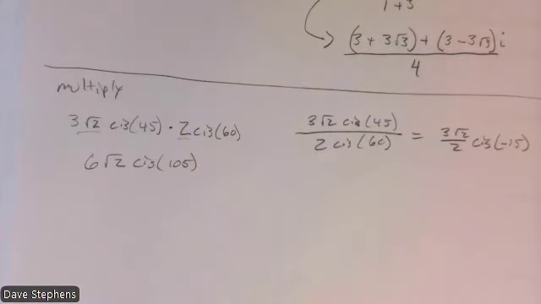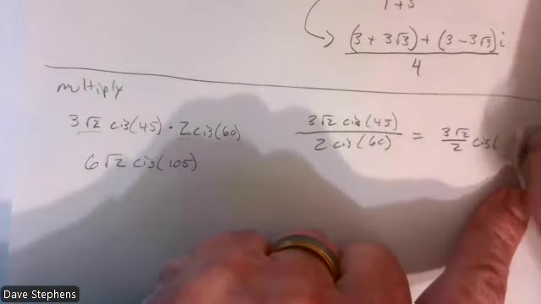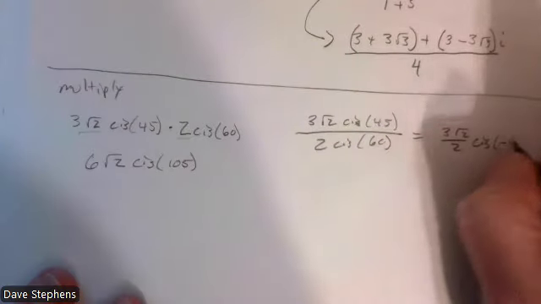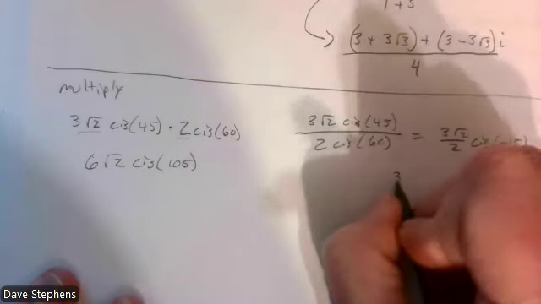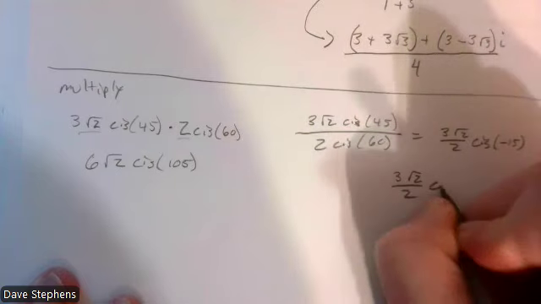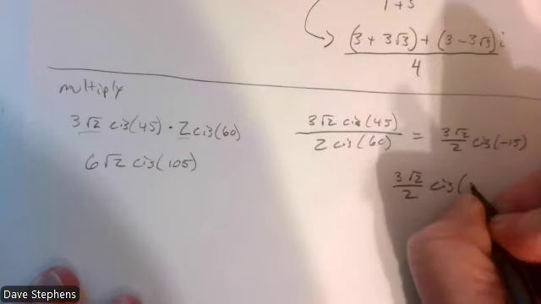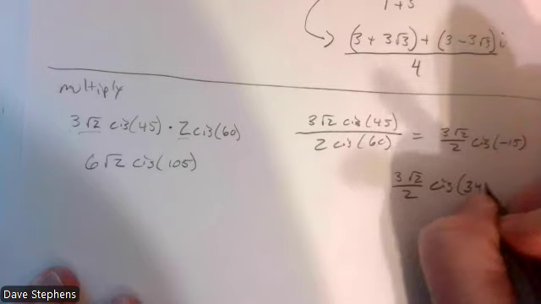I don't think we leave it as negative 15, right? It has to be between 0 and 360, so what, 345? We'll leave it negative 15 for now. So we get 3 root 2 over 2 CIS 345.